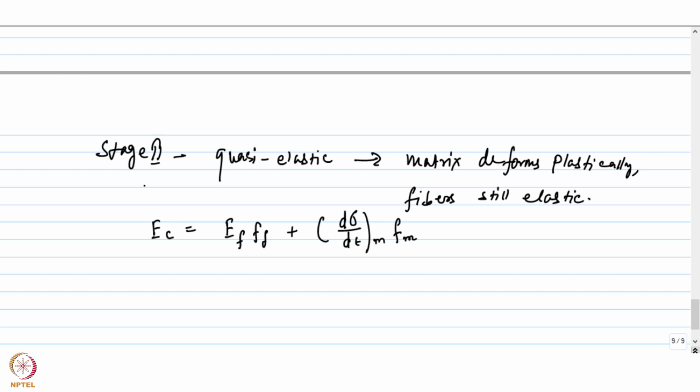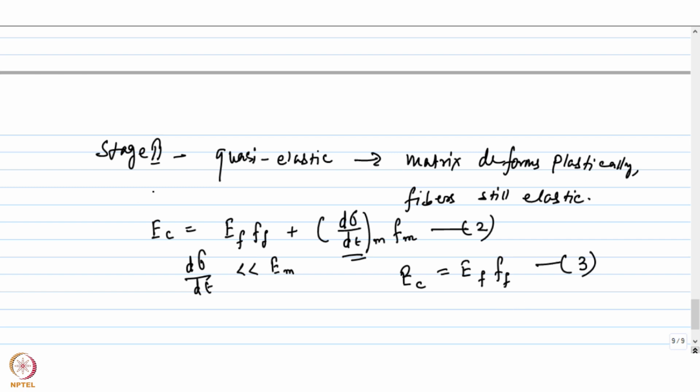And since the slope is generally much smaller than the elastic modulus, equation 2 can be written as this, because this term now can be ignored.